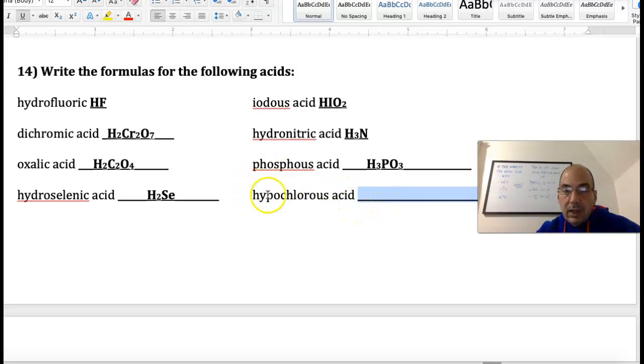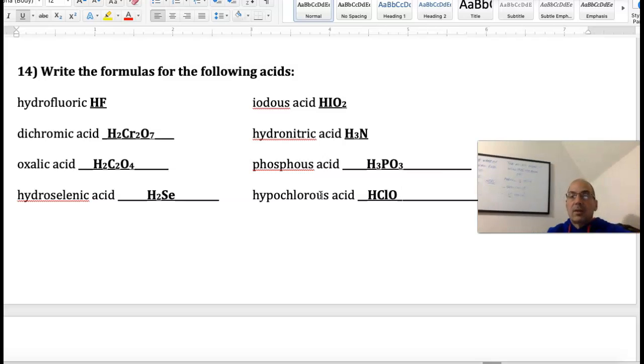Don't look at that and say it's hydro. It's not hydro, it's hypochlorous. That's what we're focusing on, the -ous. So -ous means we're talking about an -ite. We're talking about a hypochlorite ion. Hypochlorite is ClO, and it's a -1 ion. So I'm just sticking 1 hydrogen on front, and that's it.